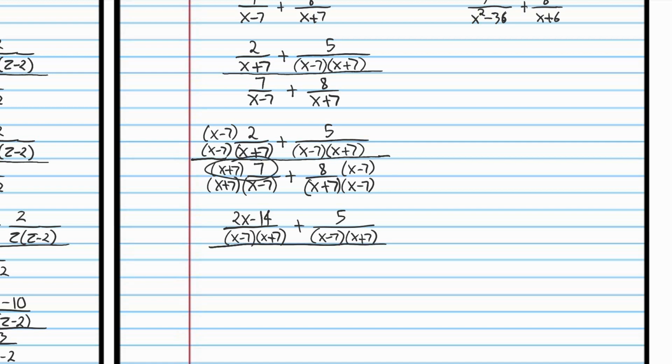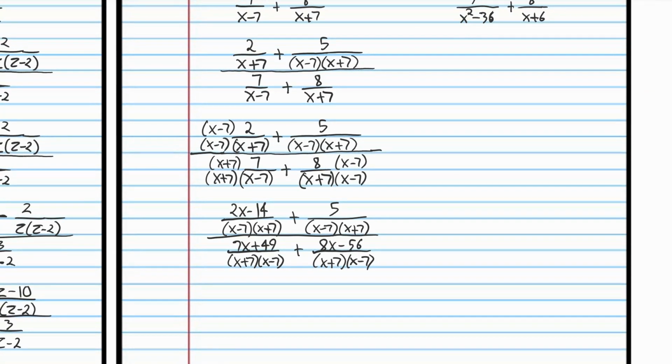And 7 times x plus 7 is 7x plus 49. Eight times x minus 7 is 8x minus 56. So I'm just going to double check that. Everything looks right.